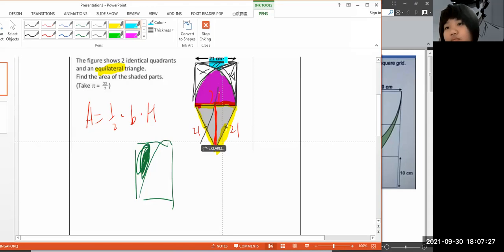We already found one of this which covered this part, and we need to find one more of this. Then how do you find the yellow one? Or in this case, it's green already. How do you find the green part?